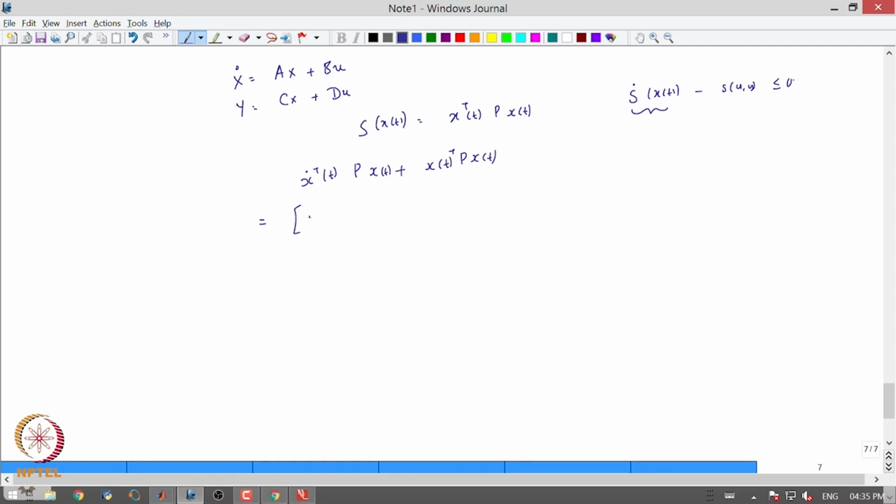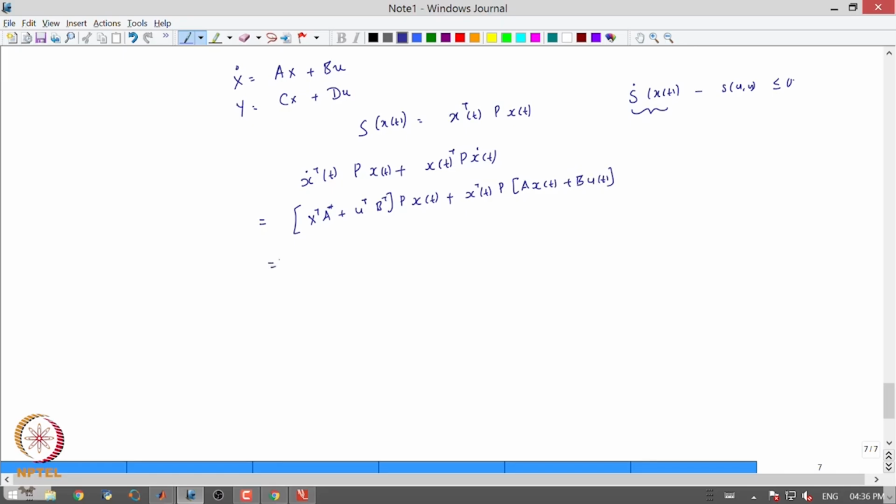So this is x transpose A transpose plus u transpose B transpose, times P x(t), plus x transpose(t) P times x dot, which is A x(t) plus B u(t).